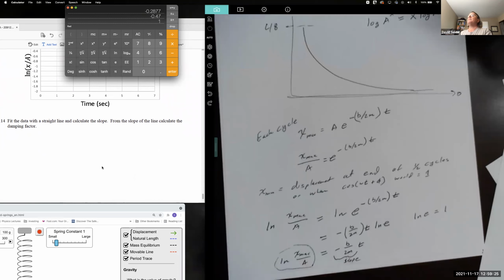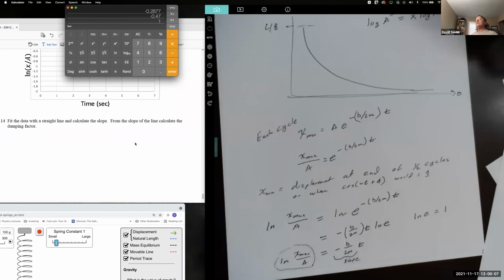Minus b over 2m is the slope of this straight line. You've done slopes before. That's rise over run. You're going to get a negative slope there. So now you can calculate b, because you know m. So you're going to plot your data, determine the slope. That slope is going to have the rise over run, and that's going to equal this minus b over 2m.